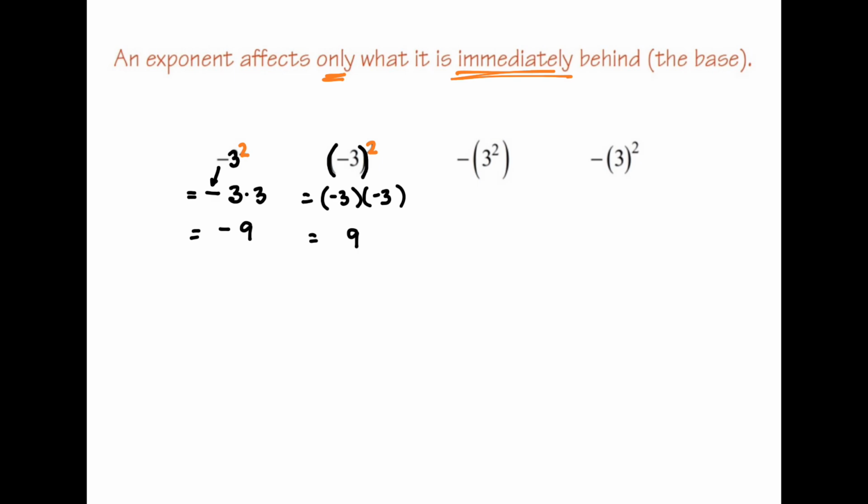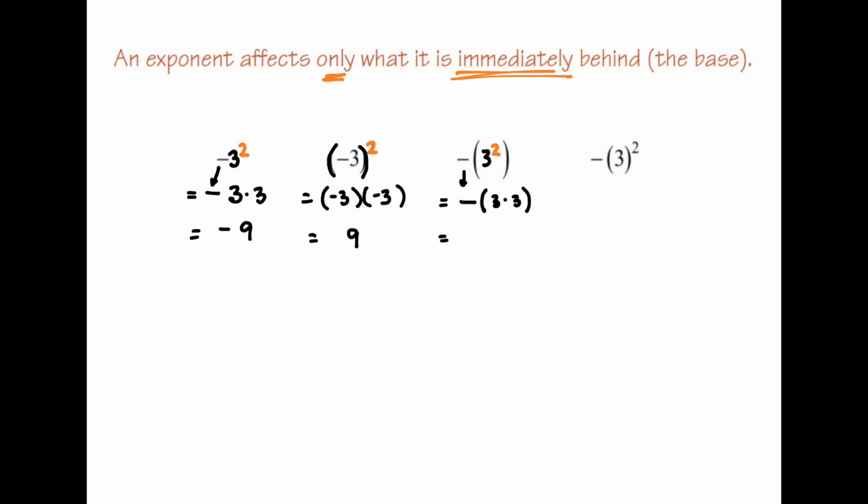Okay, next one. The exponent affects what it is immediately behind. So in this case, the parentheses don't affect anything related to the exponent. Do they affect the rest of the problem? So this negative is going to come down. 3 squared, 2 3's, are still inside those parentheses.